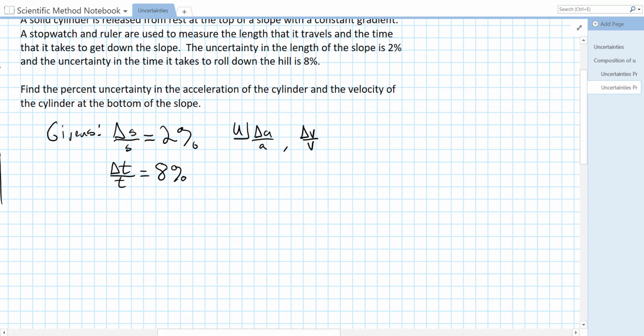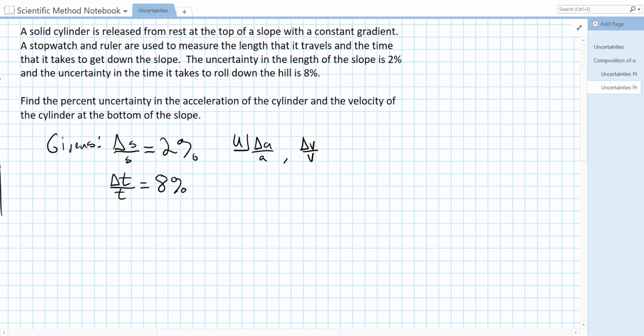So first of all, we have two given variables from our kinematics equations, basically S and T, and we need to find either A or V. So we need to pick the equation that matches the variables that we have. And actually, there is one other given that's not quite explicit, but it's the fact that our cylinder is released from rest.